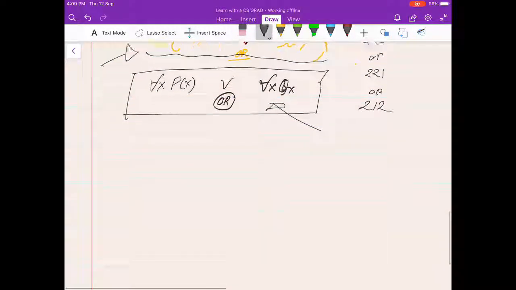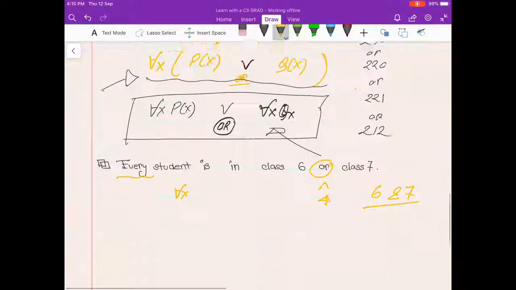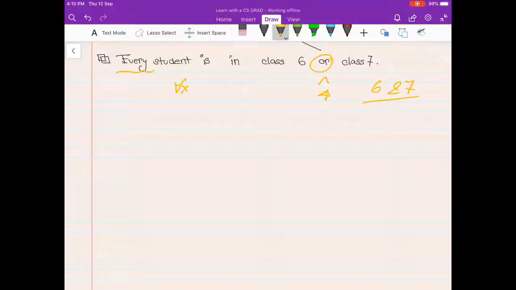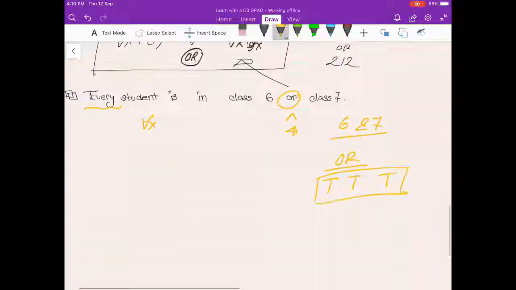So let's look at another example. In this case, it says every student in class 6 or 7. It says or, but we can't use this sign because remember, if you are in class 7, you have already passed class 6, right? It's not the case that you can do both class 6 and class 7 at the same time. And in OR, there is a situation where both cases are true, which would generate a true value. So in the past example, you can be doing both 230 and 220 at the same time.